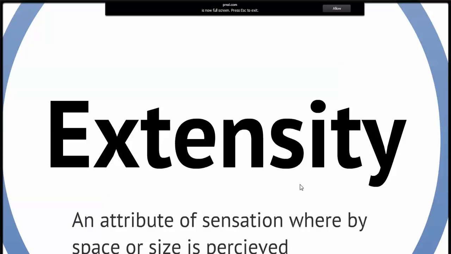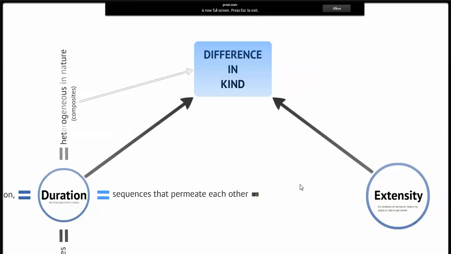So it takes successive qualitative changes, or sequences that permeate each other, or intensive properties, plus extensity, or the perception of space and time. Those are the two attributes, duration and extensity, that make up differences in kind.